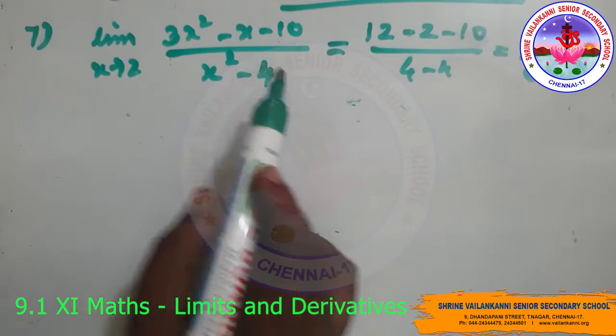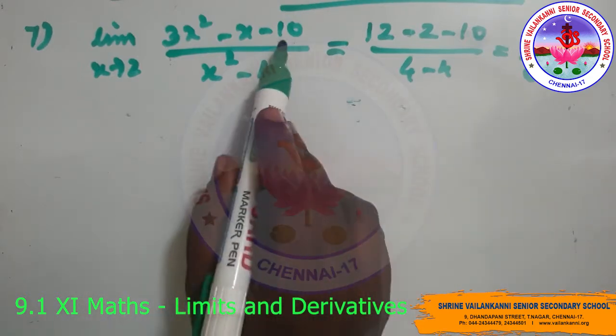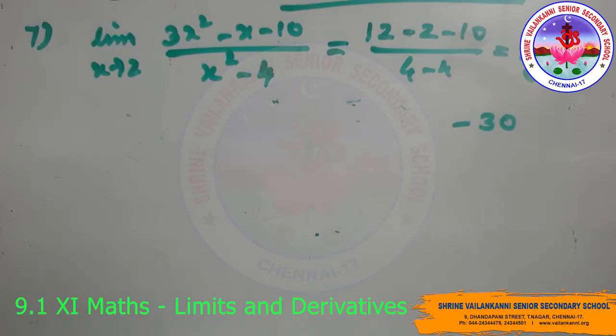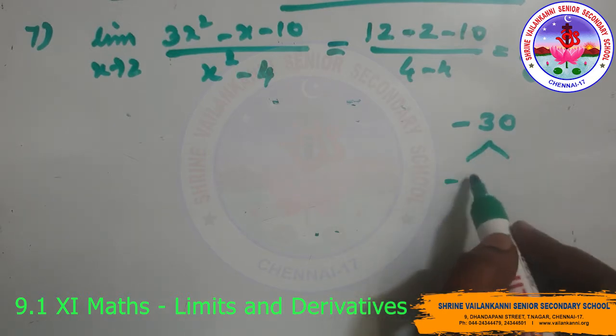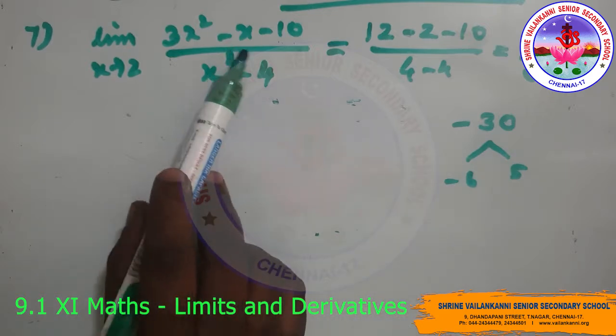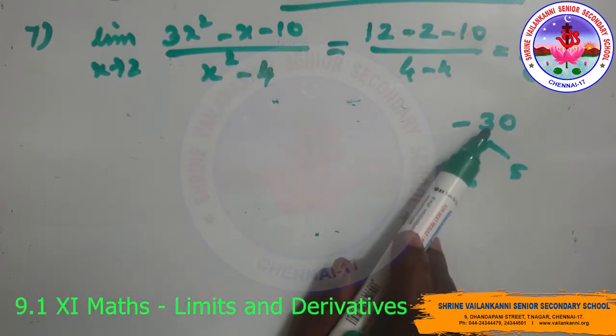So factorizing the numerator, 3x square minus x minus 10. So the product is minus 30, sum is minus 1. Minus 6 into 5. So minus 6 plus 5 is minus 1. Minus 6 into 5 is minus 30.